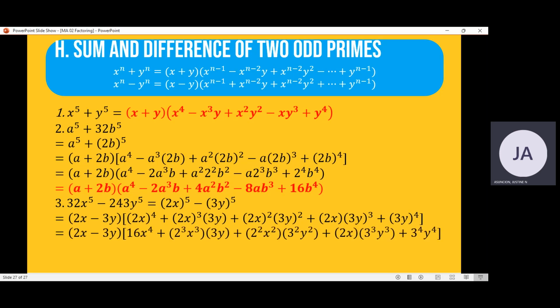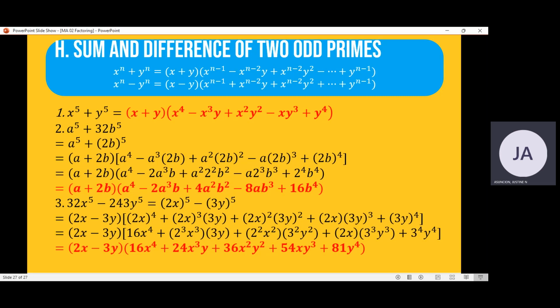Then simplify. You apply the laws of exponents to simplify this, and we have now the factors: the quantity 2x minus 3y times the quantity of 16x raised to 4 plus 24x cubed y plus 36x squared y squared plus 54xy cubed plus 81y raised to 4.